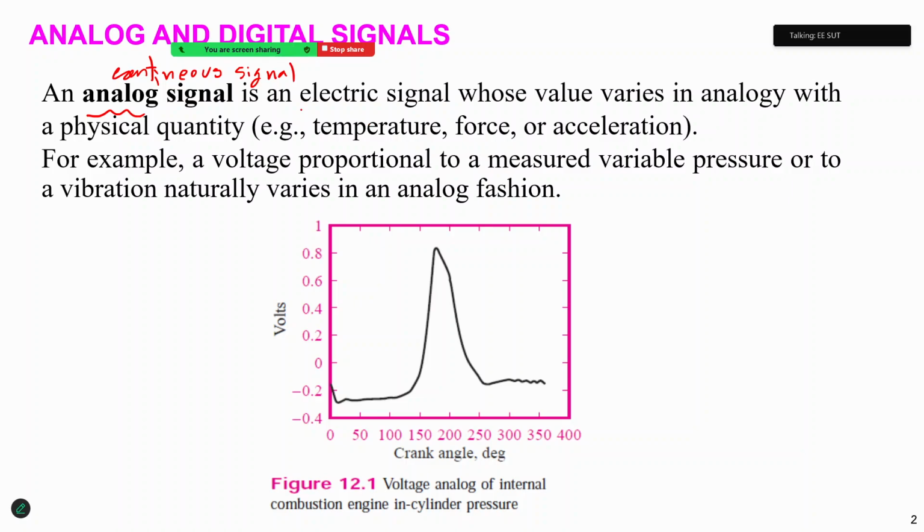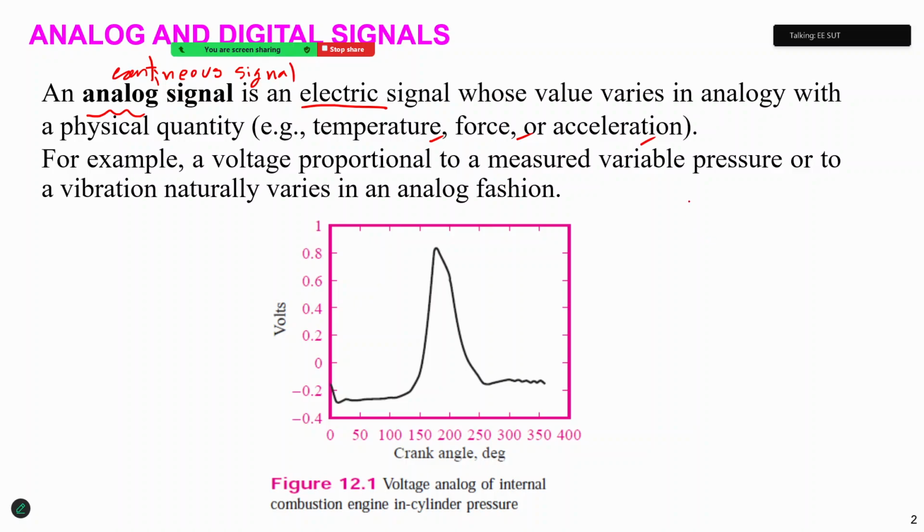Continuous like an electric signal, or any signal that we can measure continuously, like voltage, temperature, force, or any variable. Mostly it is an analog signal in our real life.